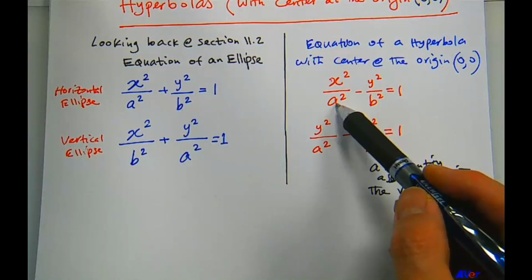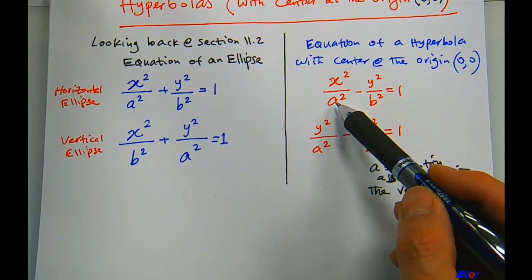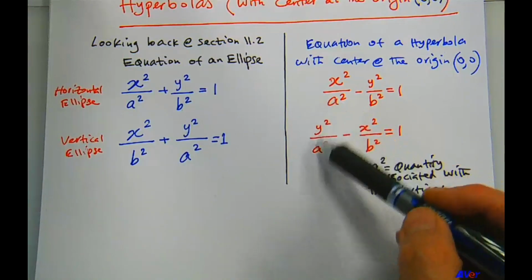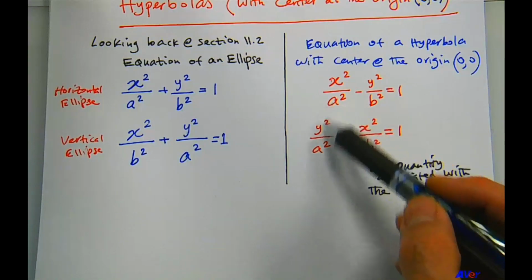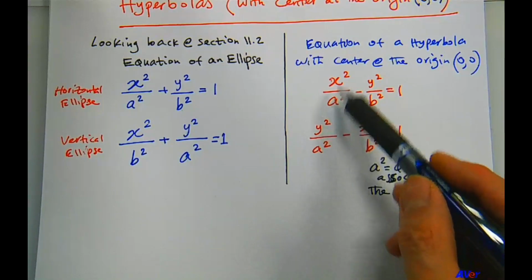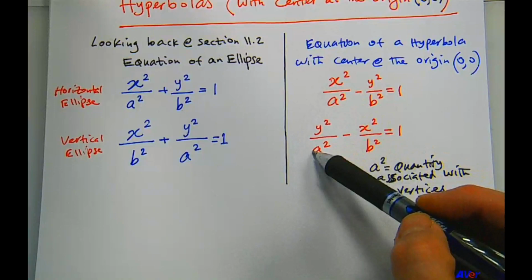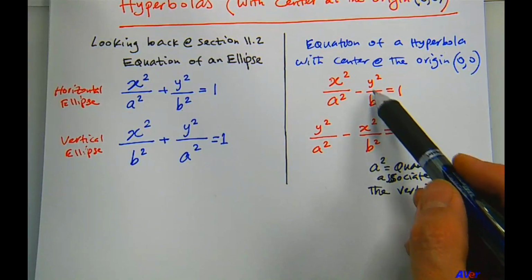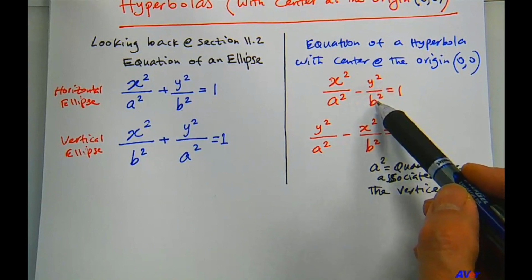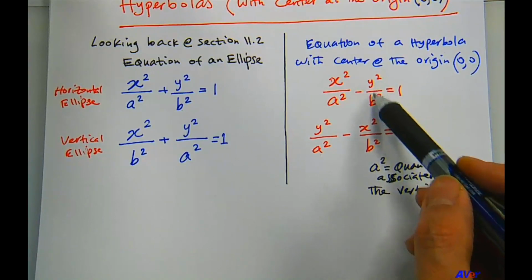The quantity associated with the location of the vertices of the hyperbola always forms the denominator of the first term in a hyperbola. And the B quantity is associated with the denominator of the second fraction.